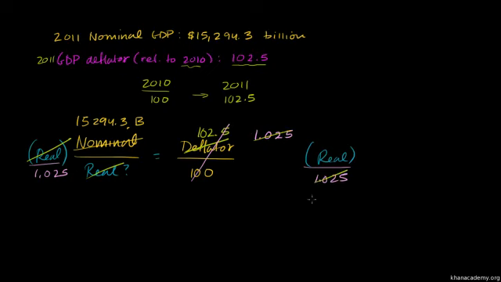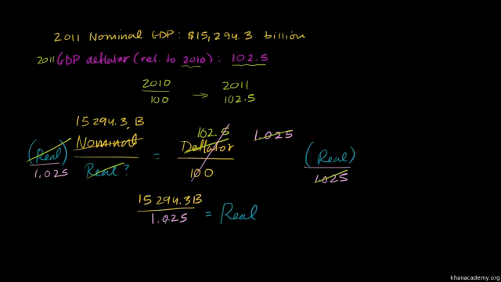And we get our real GDP. Our real GDP is equal to our current dollar GDP, $15,294.3 billion, divided by the ratio between our deflator and 100, divided by 1.025.